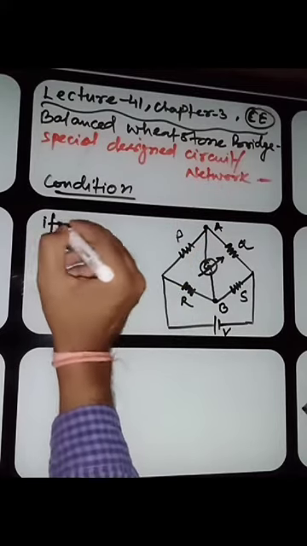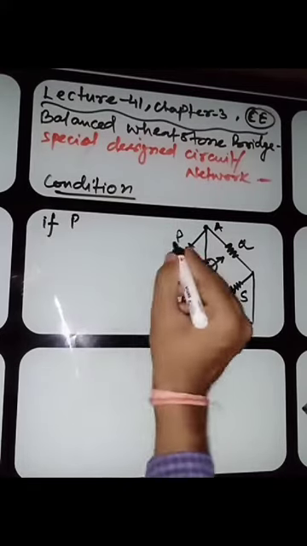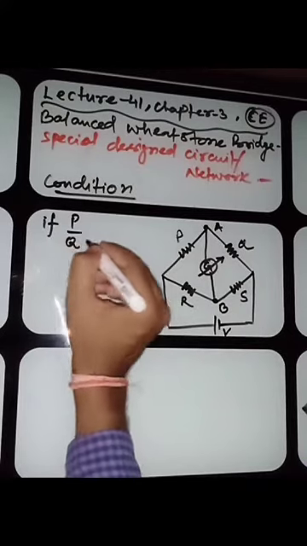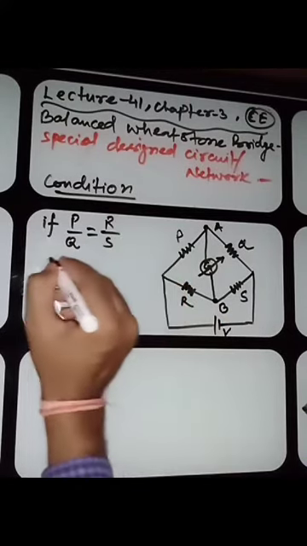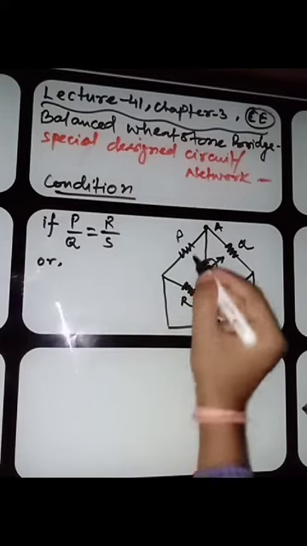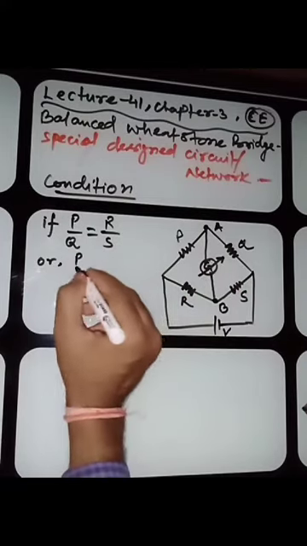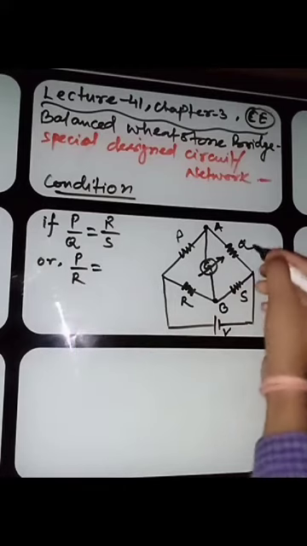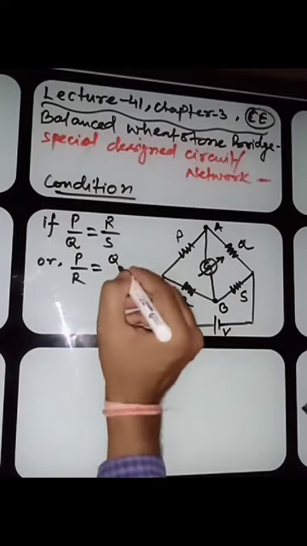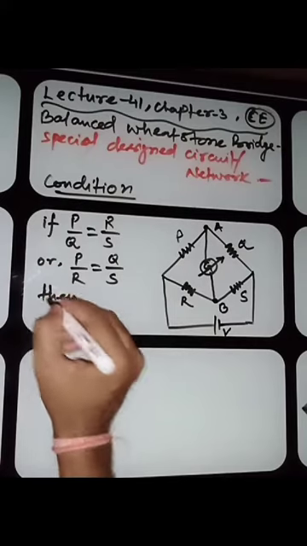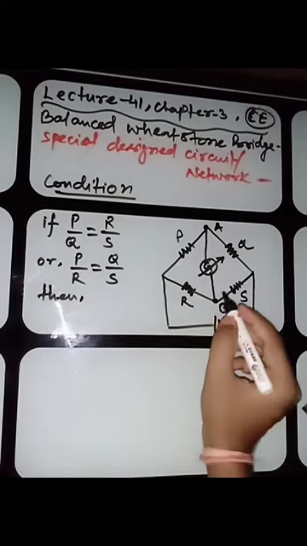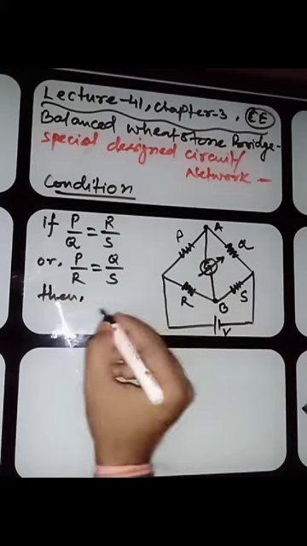So the condition: if P by Q is equal to R by S, or P by R is equal to Q by S, then remember, there will be no current flow through the galvanometer.